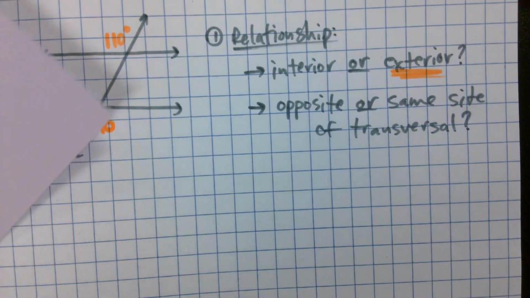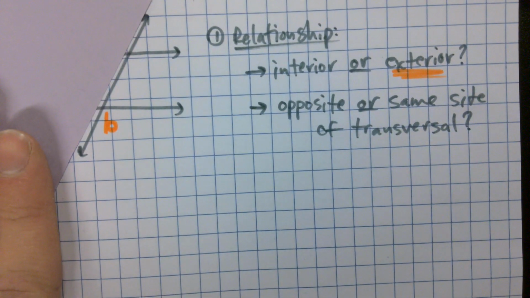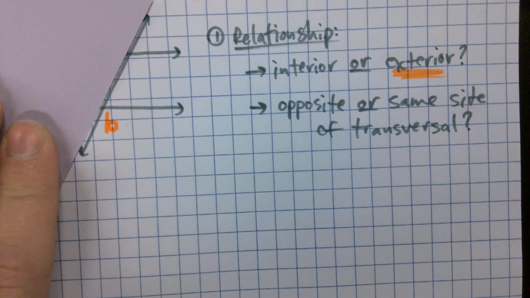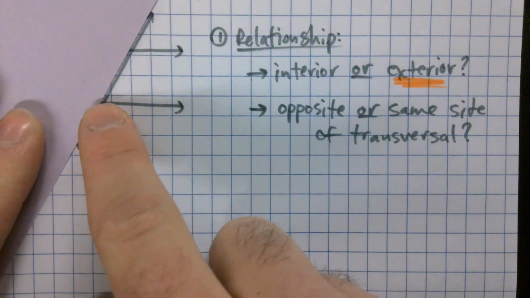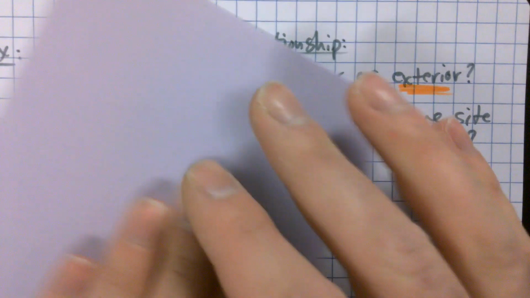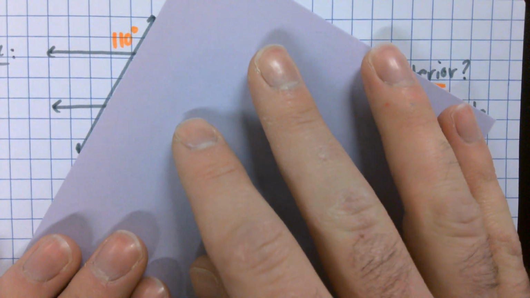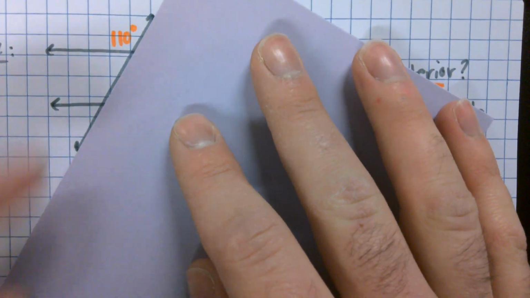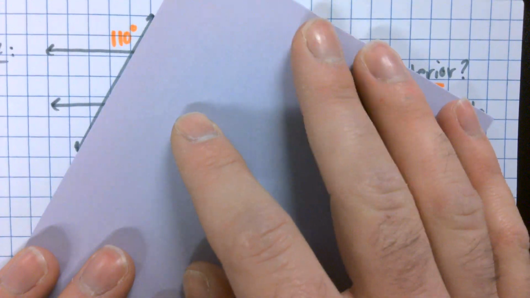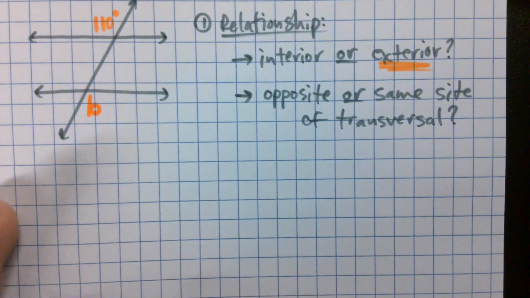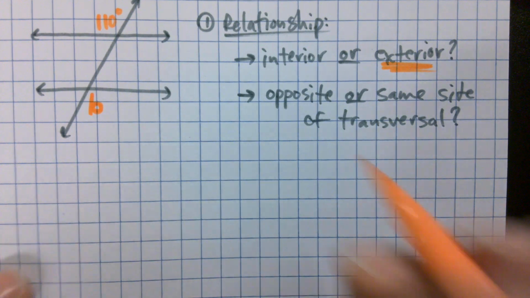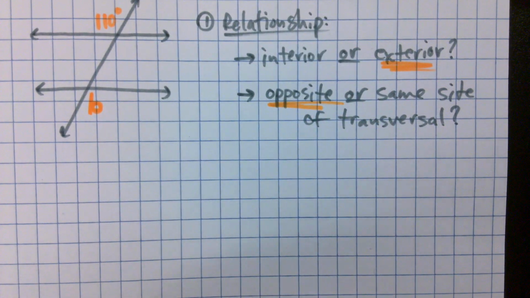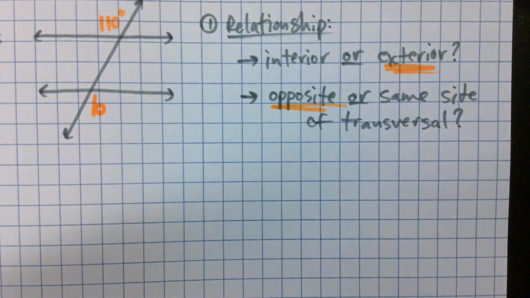Easy way to do that is cover up one half of your transversal. Can I see both of those angles? No. All I can see is angle B. If I cover up the other side, can I see both angles now? No. All I see is 110 degrees. So are those on the opposite sides or the same side? Opposite. So what can we call this relationship here?